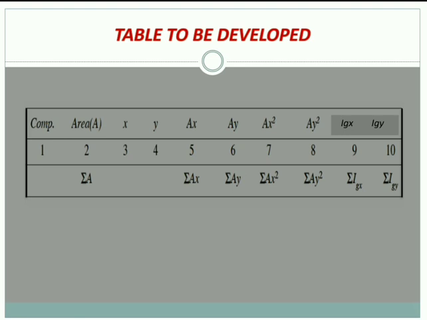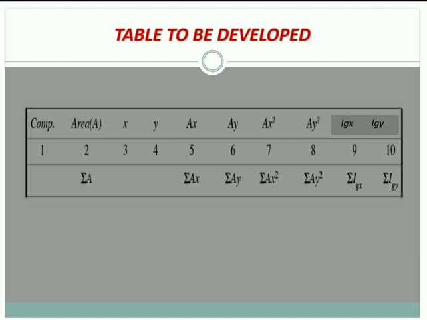Now what is IGX? IGX is the moment of inertia value about the centroidal axis for one particular element of area A1. I stands for inertia, G stands for the CG axis, X is the direction. IGX means the moment of inertia of an individual element with respect to the axis under consideration.